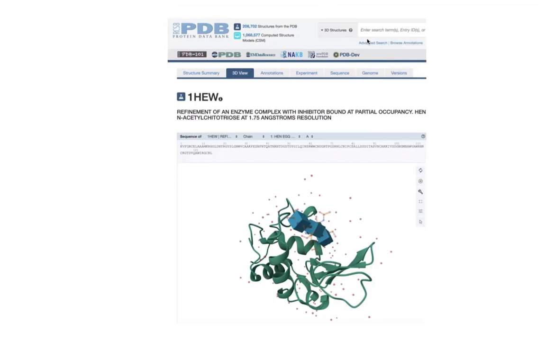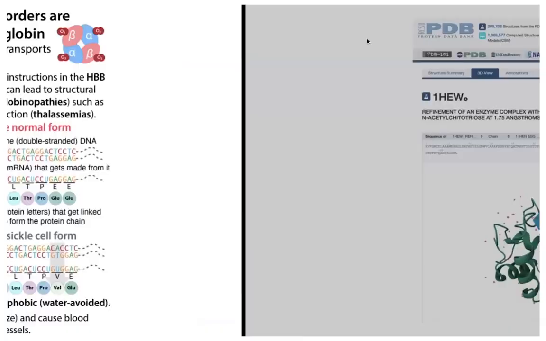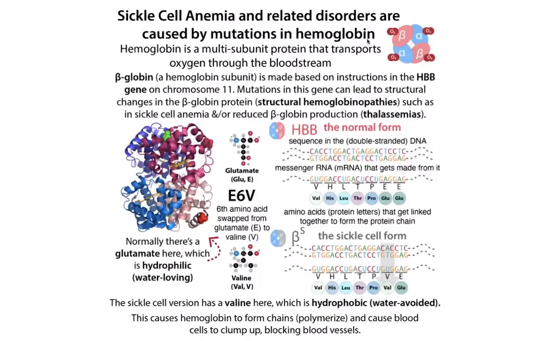It's important, though, that in order for the sequence to be helpful, we need to know what the sequence represents. And so if we were to see E6V, we should be able to know, oh, that's a glutamate and a valine. So we're swapping something that's hydrophilic for something that's hydrophobic. And this might have important consequences. And indeed, by switching that to a hydrophobic thing, now you've introduced something that water doesn't like onto the surface of a protein, and it's going to cause that hemoglobin to clump up, leading to sickle cell anemia crises.